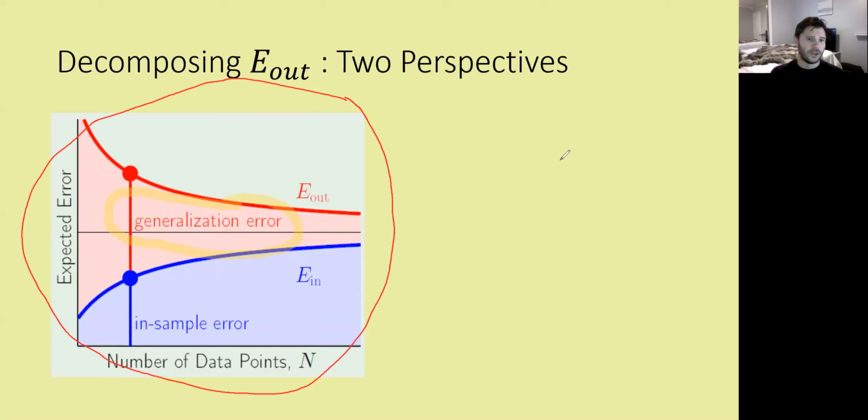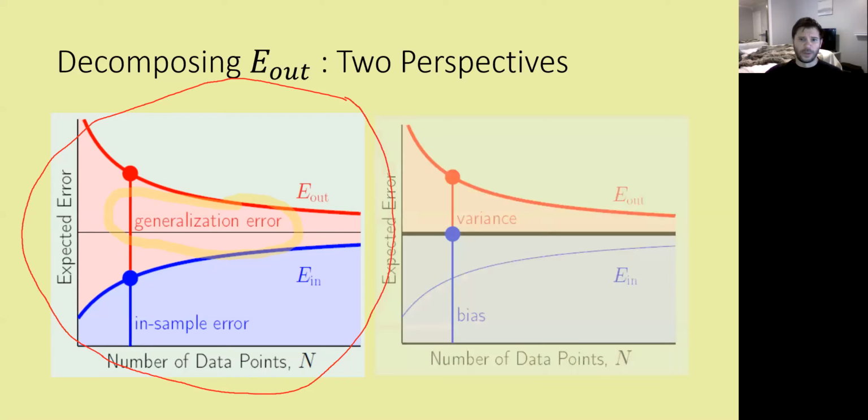Okay, so it may be good for us that we can see here by increasing the number of data points, right? It might make Ein a little bit higher for a given model complexity, but that will reduce the generalization error. Okay, the other perspective on this was the statistical perspective, where we had looked at essentially the same set of learning curves here, but rather than decomposing the out-of-sample error into the in-sample error plus that generalization bound, we saw that we could decompose the out-of-sample error by taking expectations with respect to really the data set itself, treating each data set as a randomly generated variable in some sense.